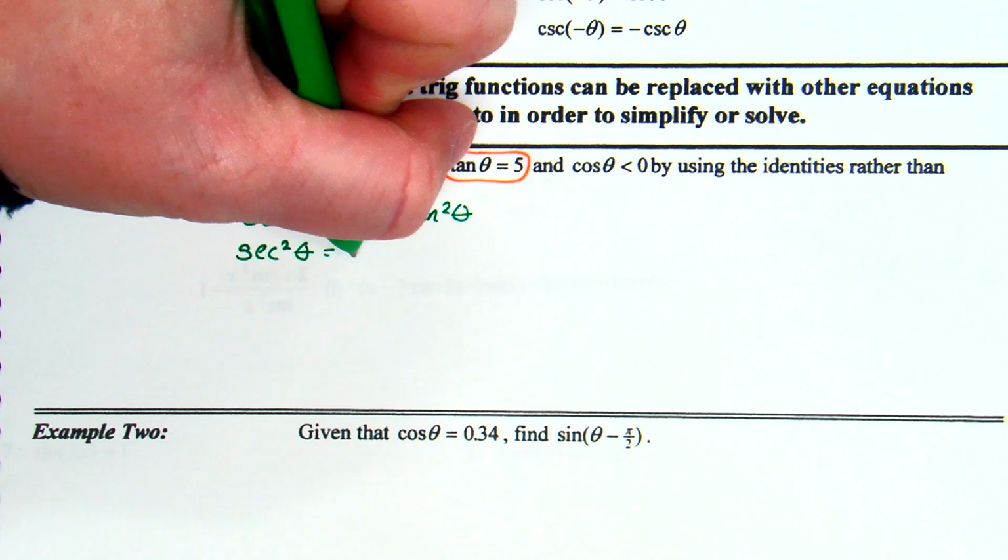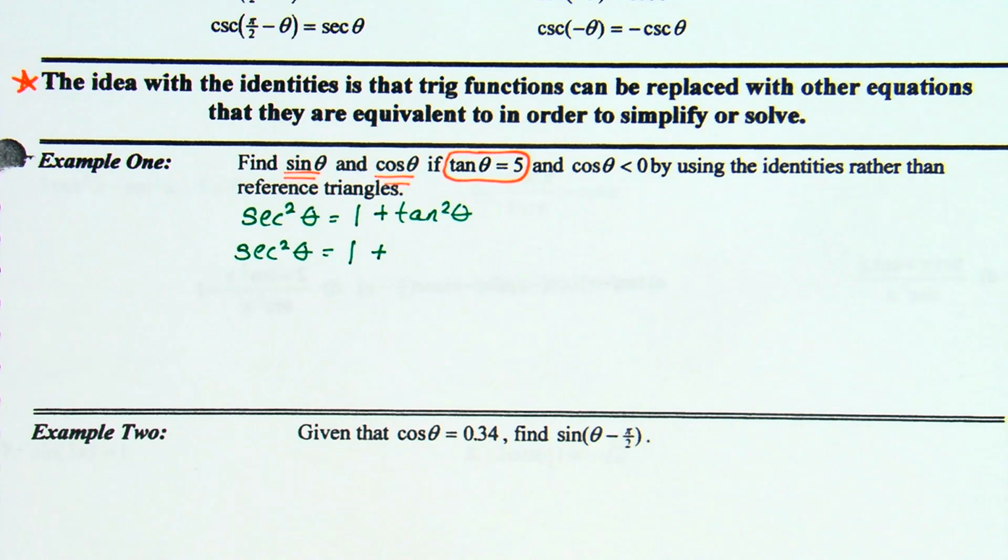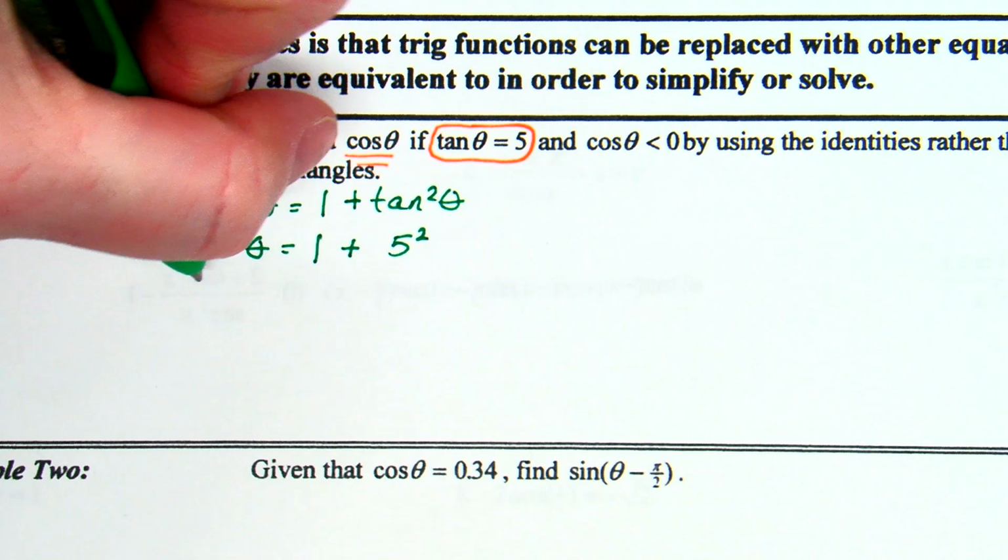We know tangent of theta is 5. So I can rewrite this equation to say secant squared of theta equals 1 plus, if tangent theta is 5, and this is tangent squared, then 5 squared, which I wrote as 5 squared. Levi said 25. Same thing, right?